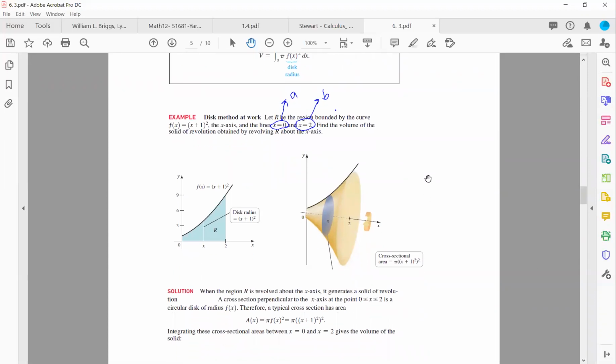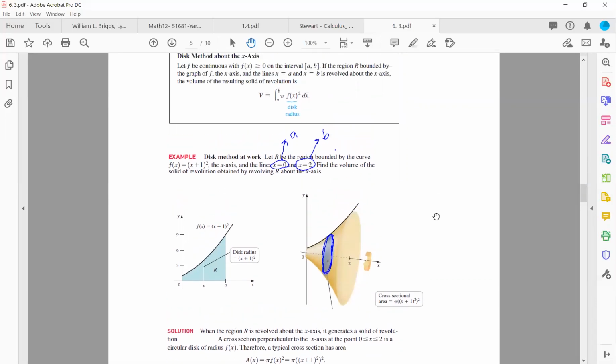Very well. If you graph your function, f of x is x plus 1 squared, x ranges between 0 to 2, and we're revolving this around the x-axis. So cross sections are circular shapes. The area is pi r squared, and we know that r is equal to f of x.